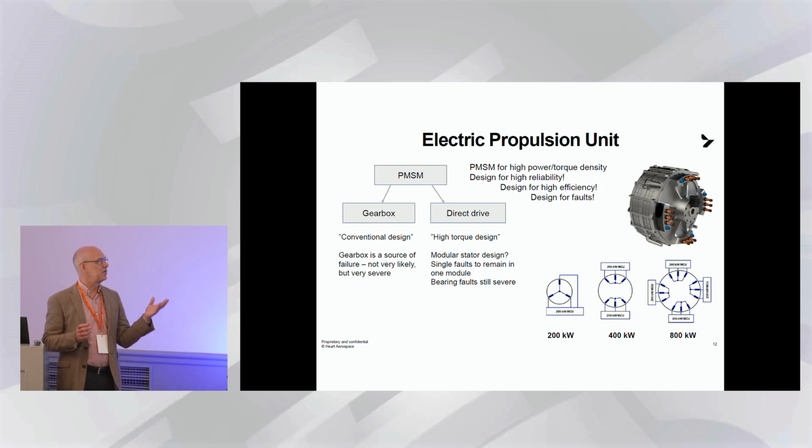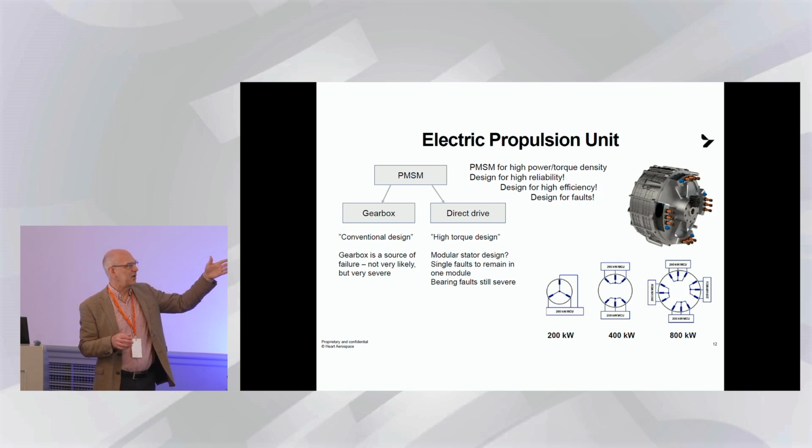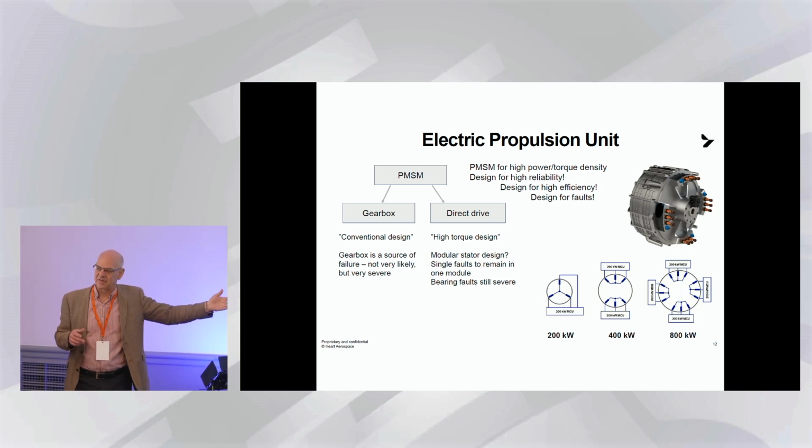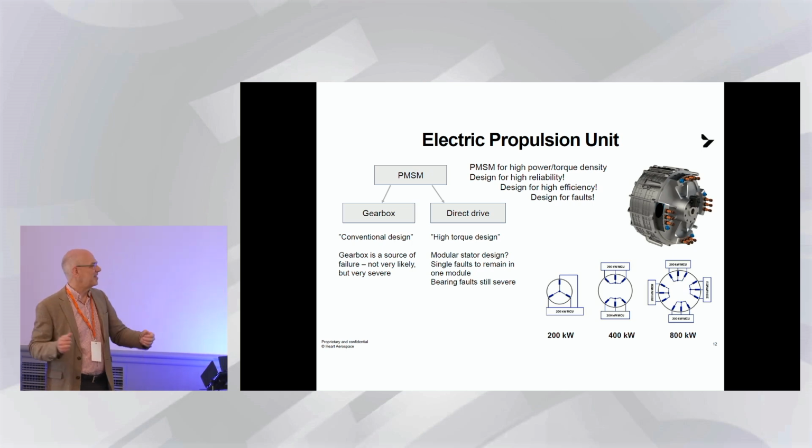So we are looking into direct drive and a quite modular stator design where single faults remain in one part of the engine. Just to describe it principally, if we have an inverter with 200 kilowatt feeding a three-phase motor, that's what we are used to discussing in these sessions.